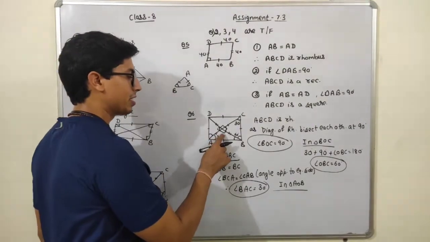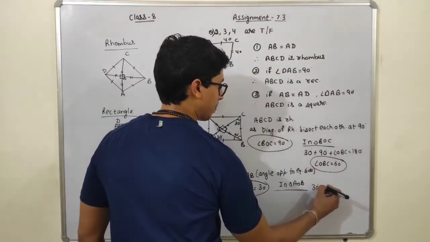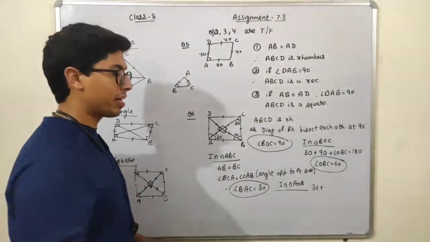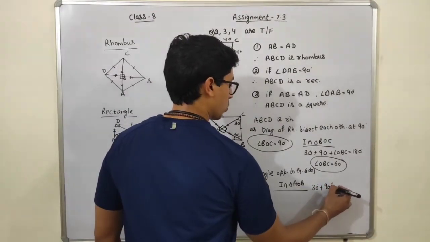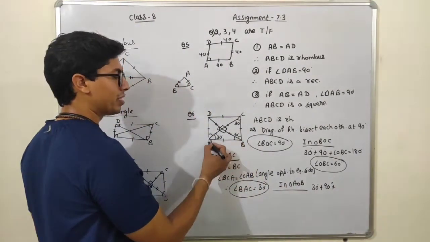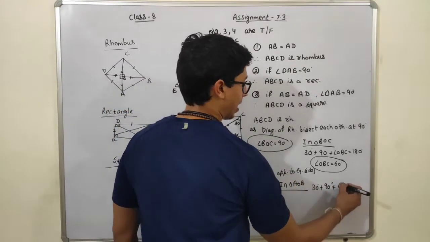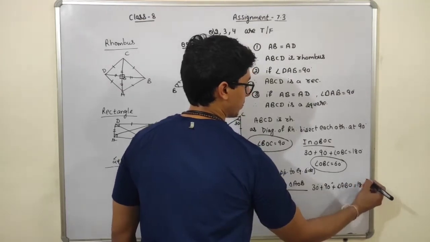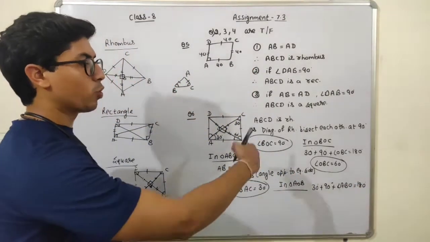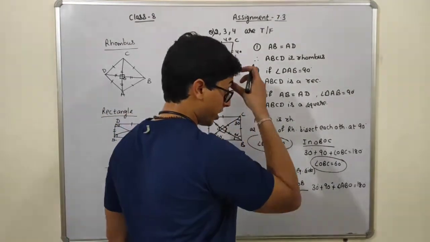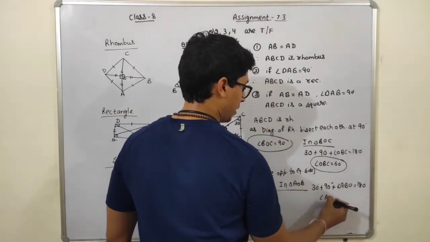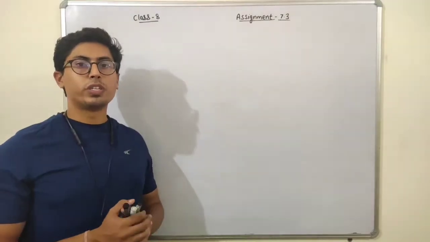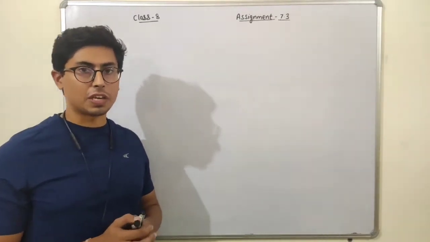So 30 degrees plus 90 degrees, because the diagonals of a rhombus bisect each other at 90 degrees, plus this angle I don't know, angle ABO, is 180 degrees. 90 plus 30 is 120. When 120 is subtracted from 180, it is 60 degrees. So angle ABO is 60 degrees. Now let's move forward to question number 7.